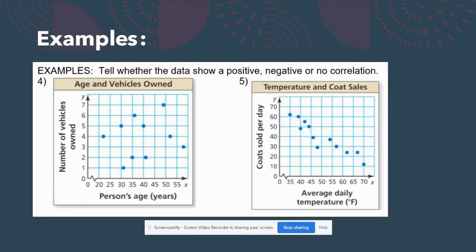Looking at example 4, do I see any trends happening in here? Any way I could draw one line that would represent a majority of those dots? And I really don't think so. So I would say number 4 is no correlation. For number 5, if I were to shade this, it'd look like that.